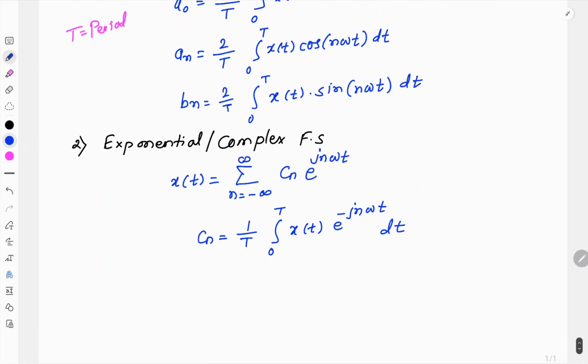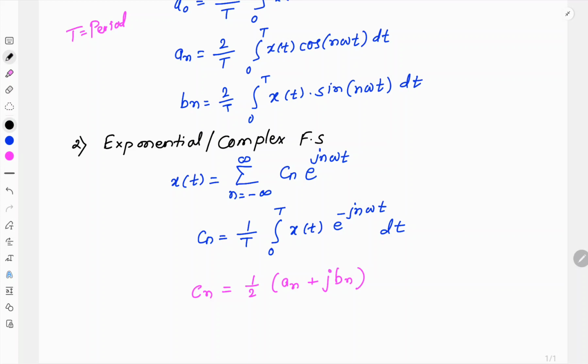We can represent the relationship between these coefficients as: Cn can be obtained from the coefficients of trigonometric Fourier series as 1 by 2 (An plus j into Bn). So this is the relationship between coefficient Cn and the coefficients of trigonometric Fourier series.